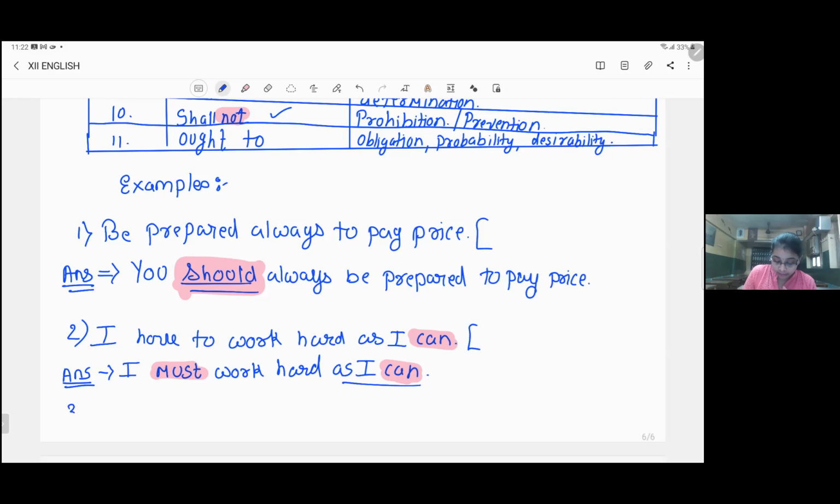Third sentence. You should do what your teacher tells you to do.